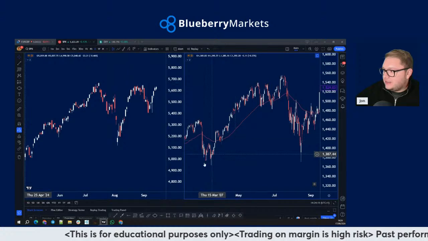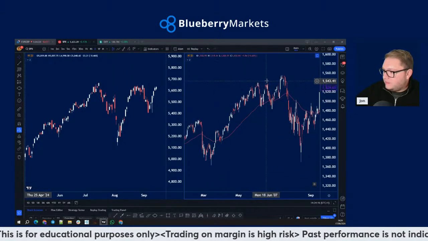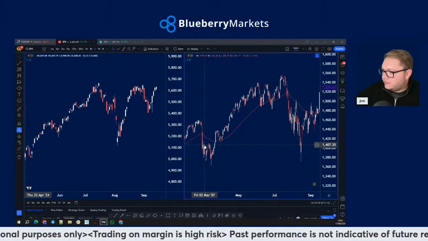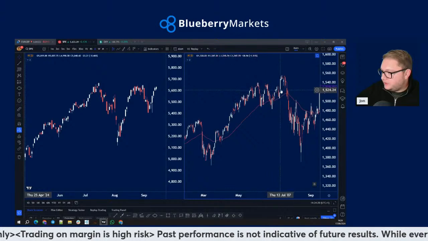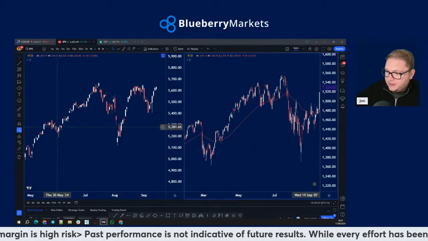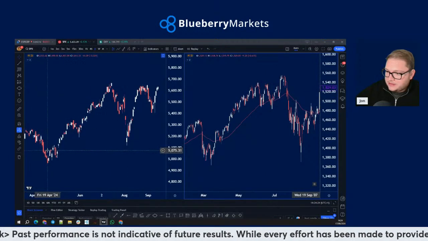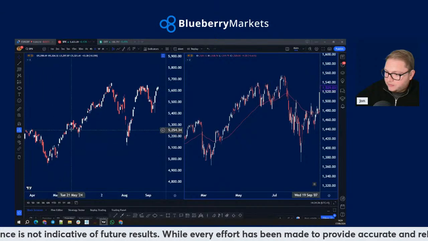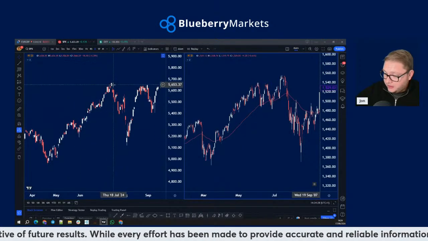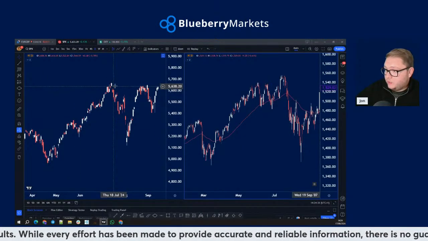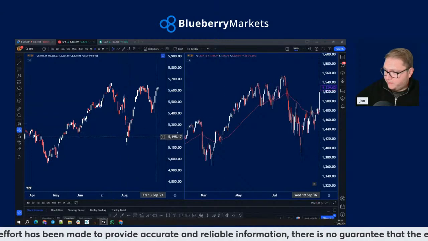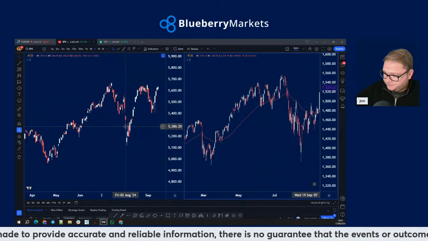Obviously, you can see here that we had a rally up in price through March through to July. Here you can see a very similar pattern as well, where you've got April, May, June, July. We then had a little bit of a stall in price and the market fell through August.